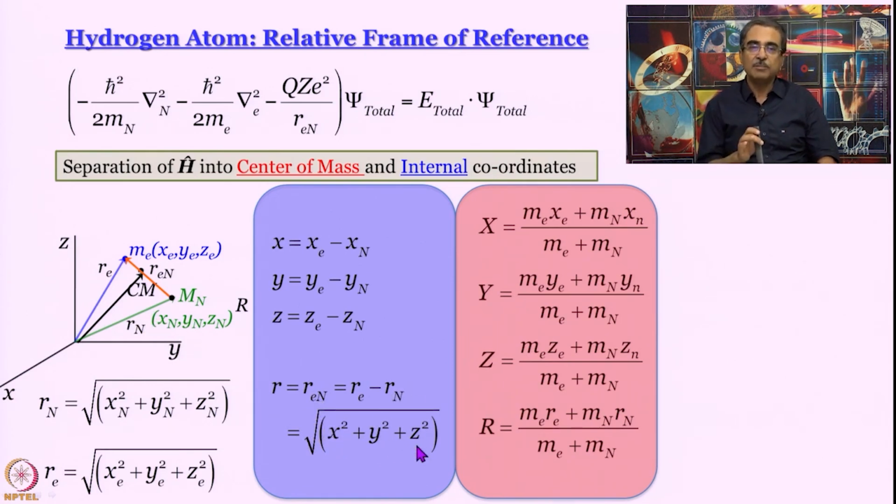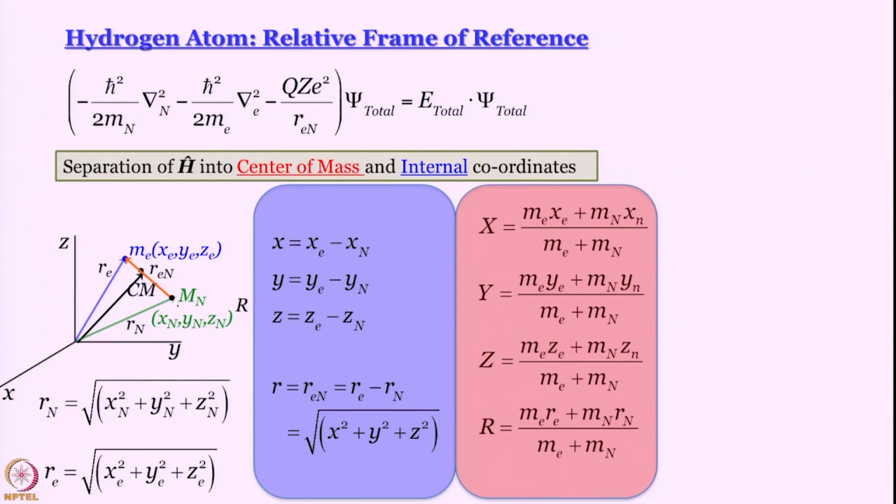Okay. How it comes, that we can show easier, but I have not even told you what x, y, z are. Let me tell you that first. X is given by xe minus xn, y is given by ye minus yn, z is given by ze minus zn. What am I talking about here? Where the axes are parallel.